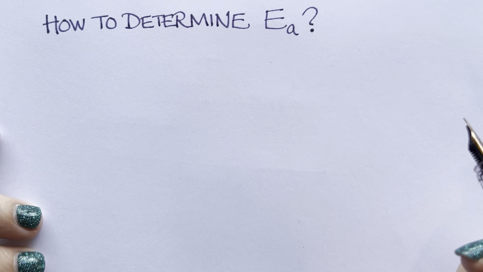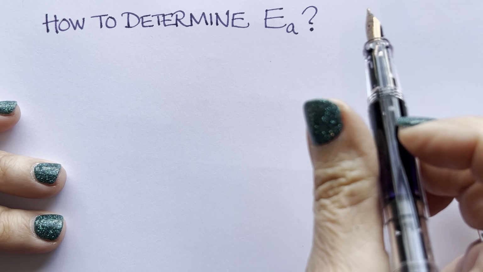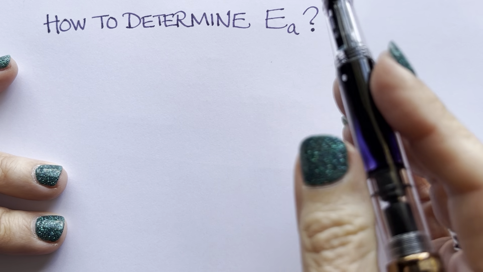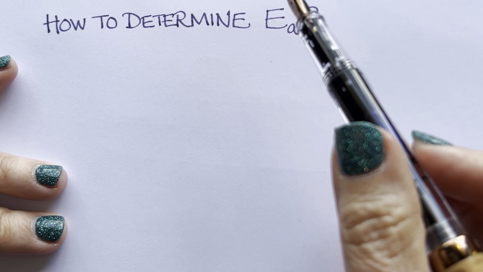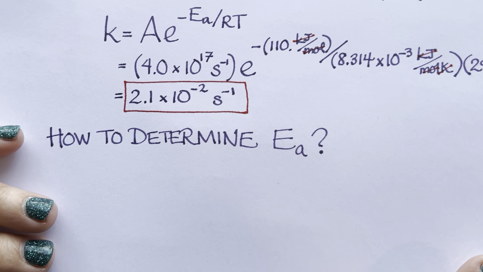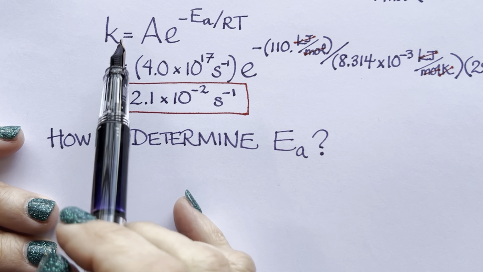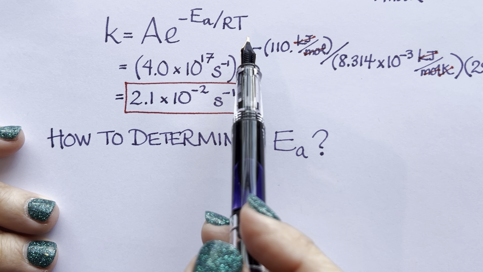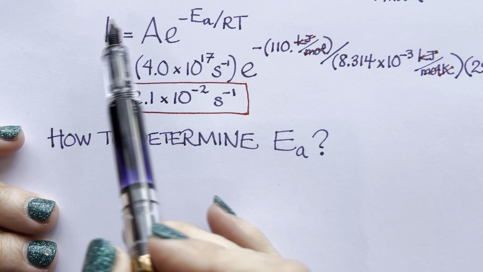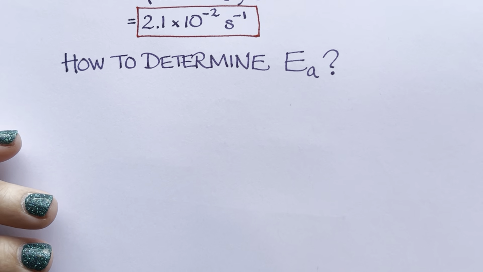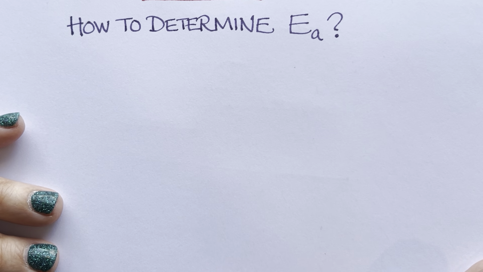If you take the Arrhenius equation and imagine that you are measuring rate constants at different temperatures for the same reaction, you can actually divide two equations by one another.